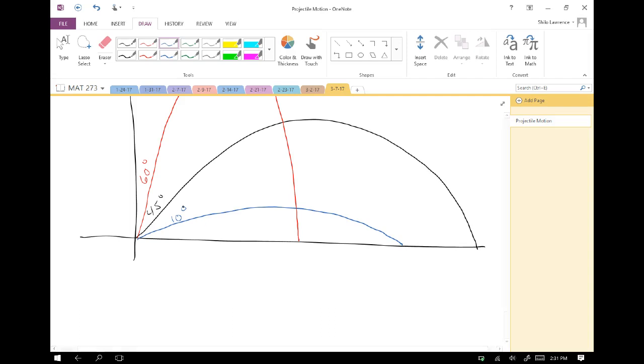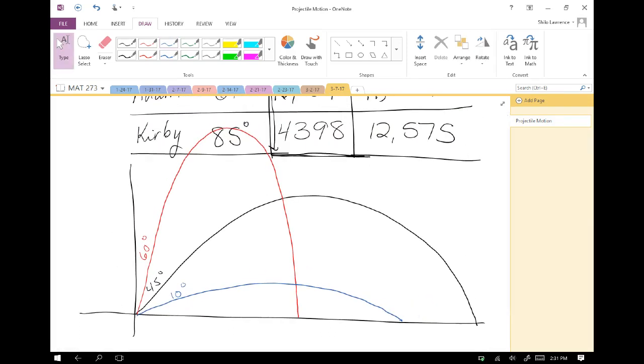So there is a way to get more height. There's not a way to get more range. 45 is the max for range. Anything different than 45 and you're going to get less range. There is a way to get more height, and that is to go all the way up to 90. Anything bigger than 45 will get you more height.